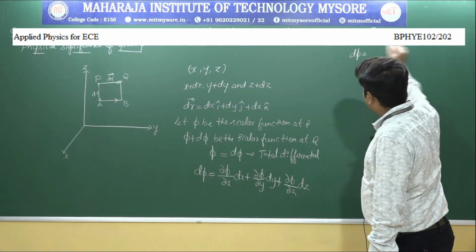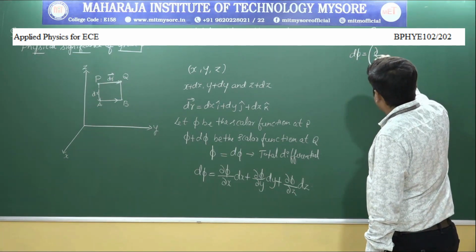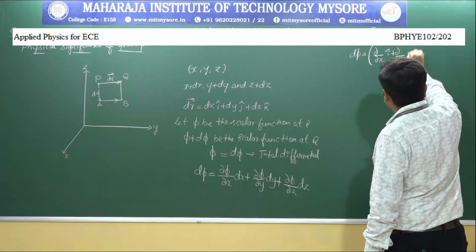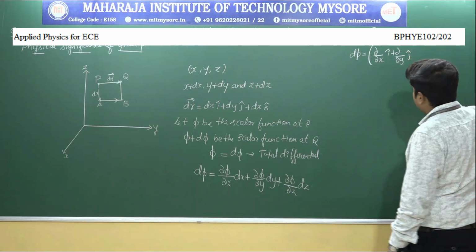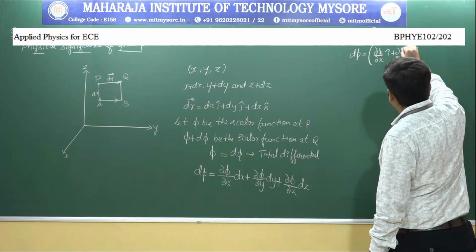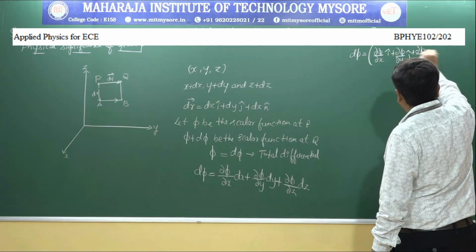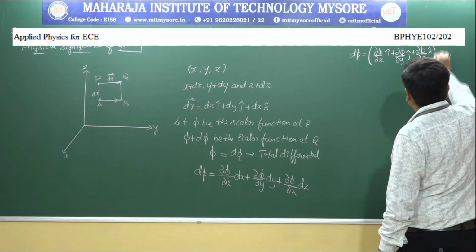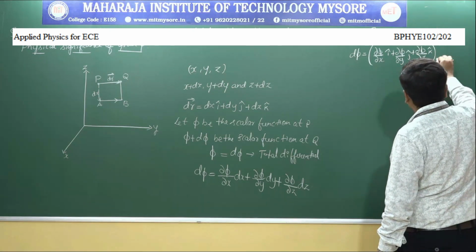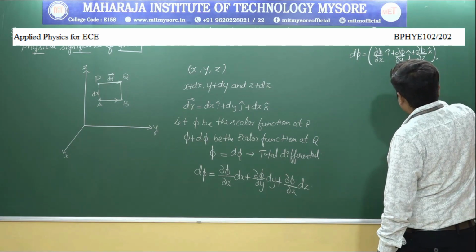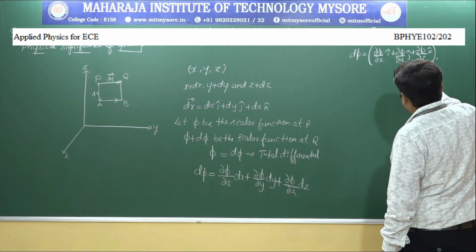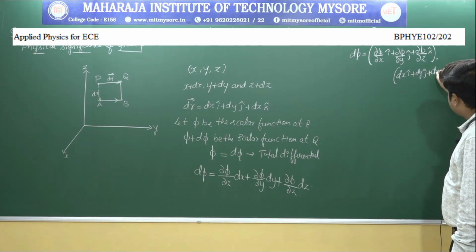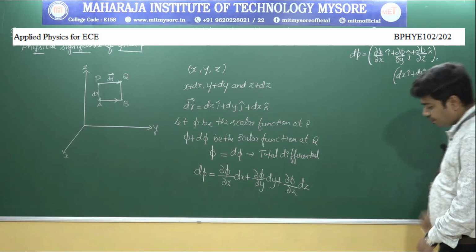d phi is equal to dou by dou x into i cap plus dou by dou y into j cap plus dou by dou z into k cap dot dx into i cap plus dy into j cap plus dz into k cap, acting on phi.